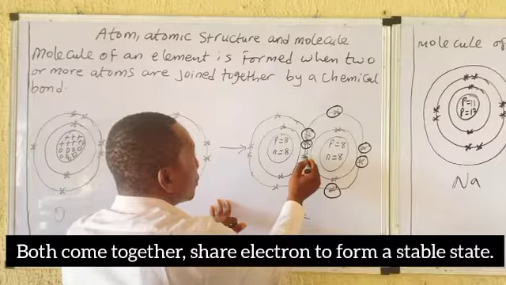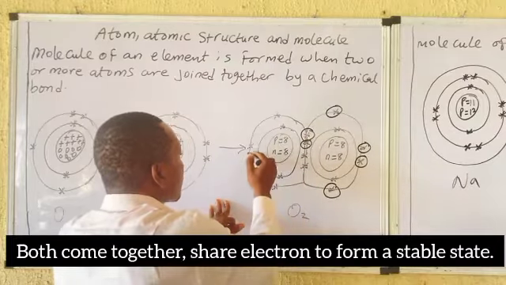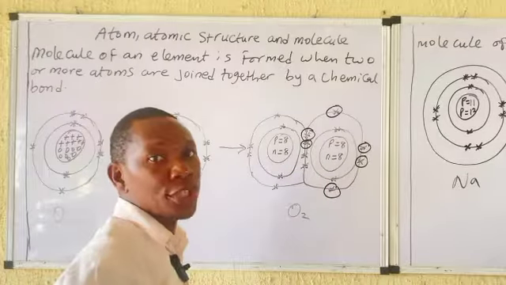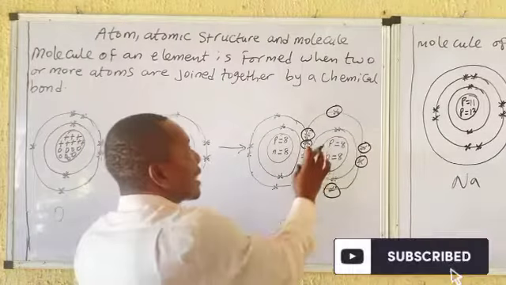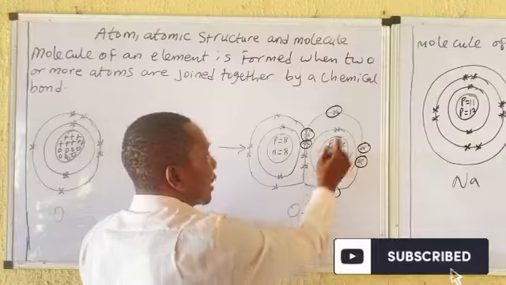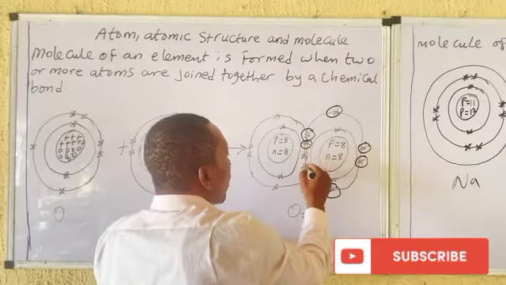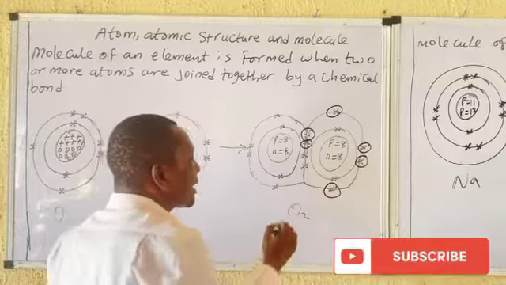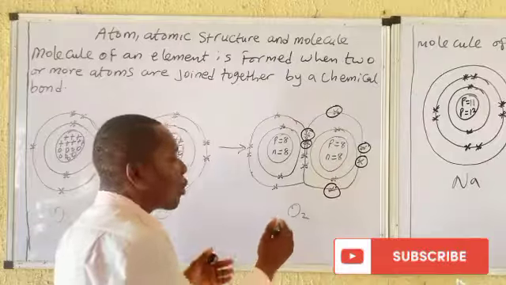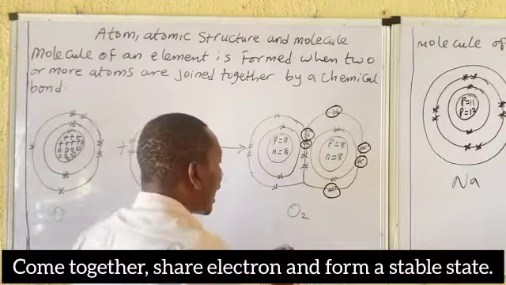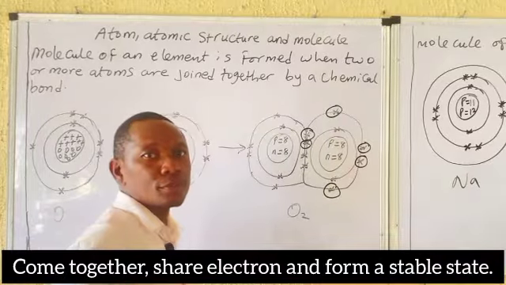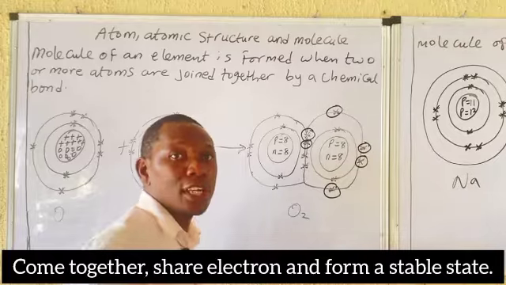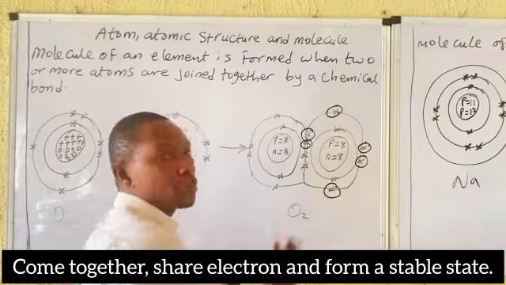We now have 1, 2, 3, 4, 5, 6, 7, 8. So this atom now has 8 in its shell. It is now stable. Now let's count the number of electrons in this second atom: 1, 2, 3, 4, 5, 6, 7, 8. So this is the reason why you see oxygen in nature existing as O2. They come together, they share electrons, which is covalent bonding, and they now form a molecule.